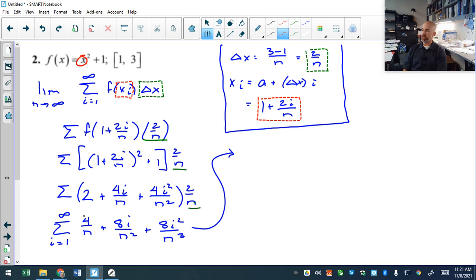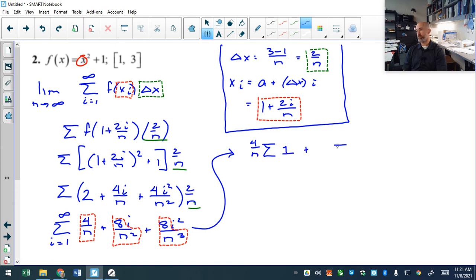So because these are all constants, I can pull these constants out of each of the individual summations. And when I rewrite this and break it up, I have the sum of only 4 over n, and I'm going to take that 4 over n out. And because everything's gone, I'm just going to have a 1.